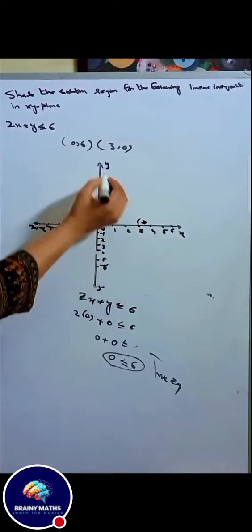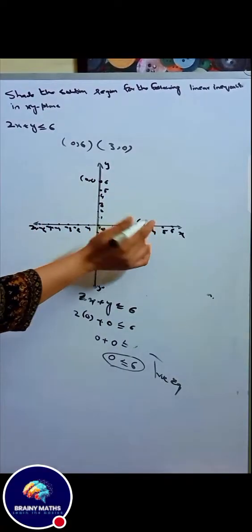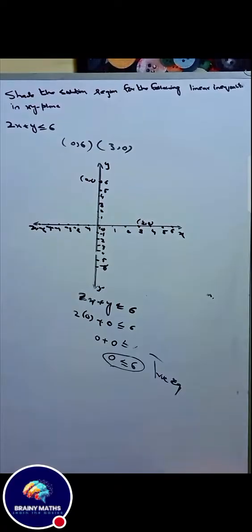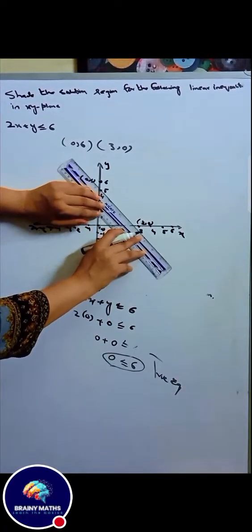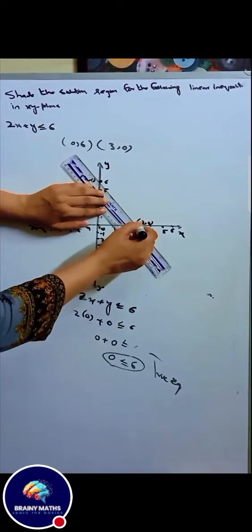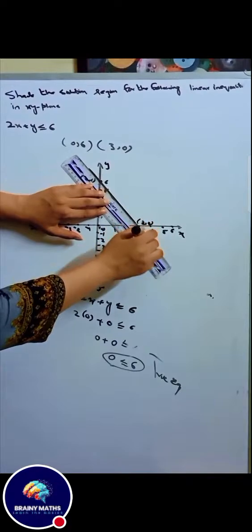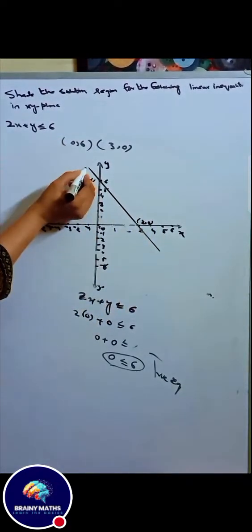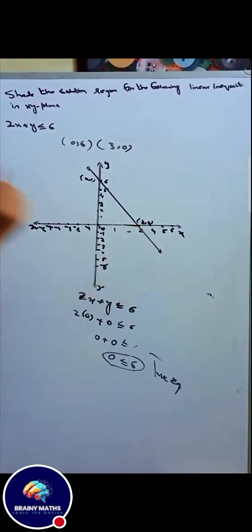And here it is the point (0, 6). So now by joining these 2 points, what we get, as you can see, I am drawing the line through these 2 points here. Now it must have arrows on it.